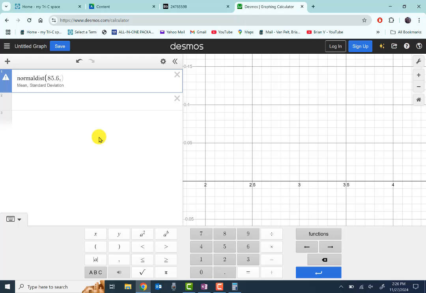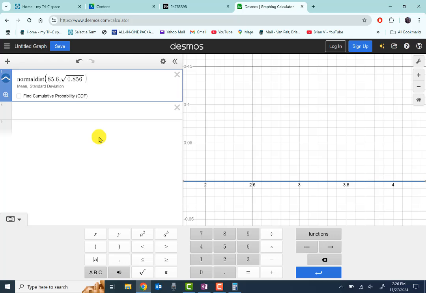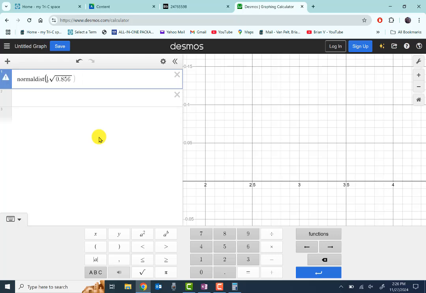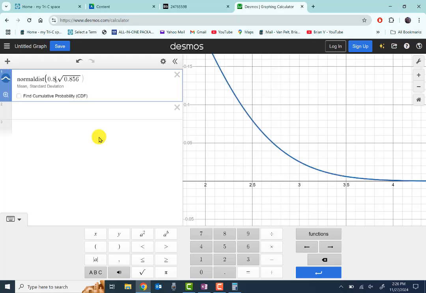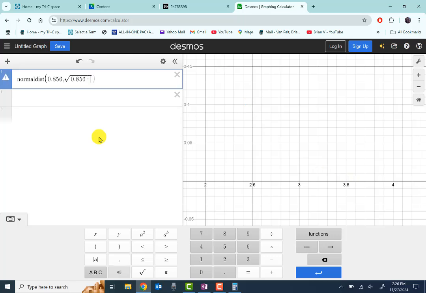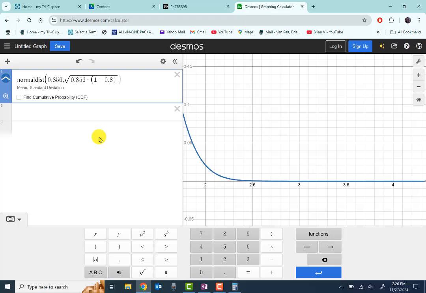For the standard deviation, I'm going to try this, SQRT, and I'll put 0.856, times, now in parentheses, 1 minus 0.856, and then finish that parenthesis.